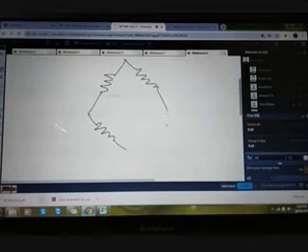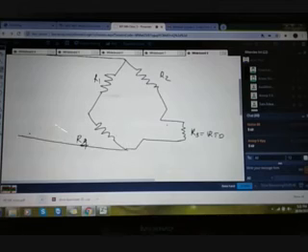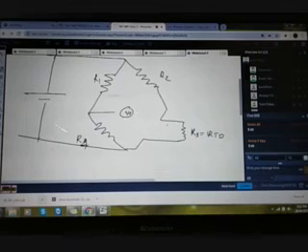Here one end is connected to the RTD. Say here it is R1, R2, and here it is R4, and here R3 is equal to the RTD. This is connected to the DC supply, and here it is connected to the output voltage. The output voltage will be 0 when no temperature difference is there.